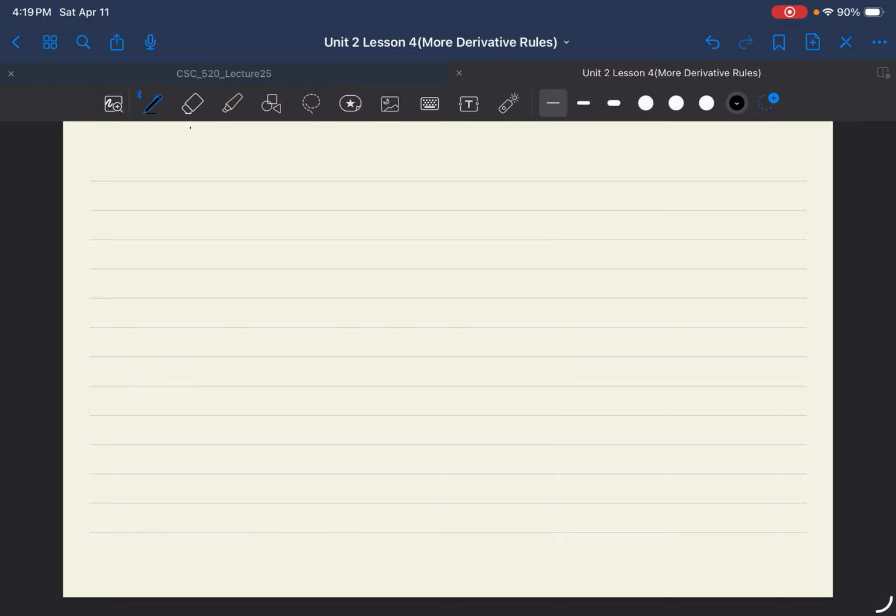So the limit as x approaches c of f of, let's say, x plus 3 cubed minus, we'll say, minus 27 over x.